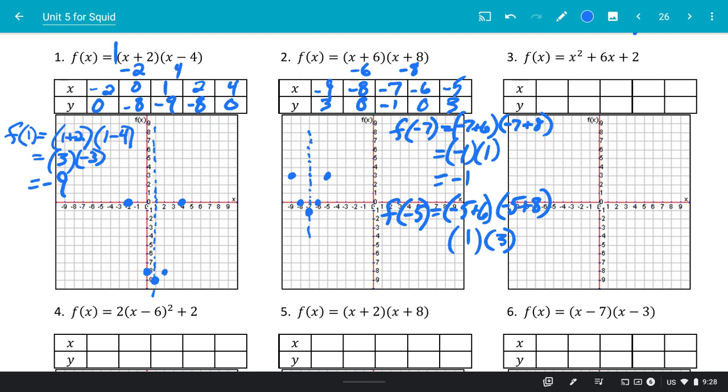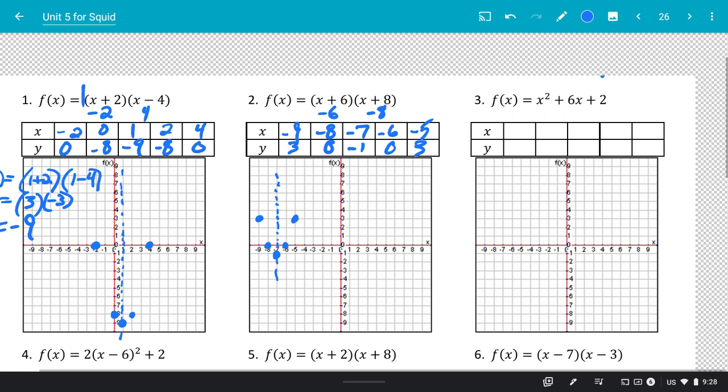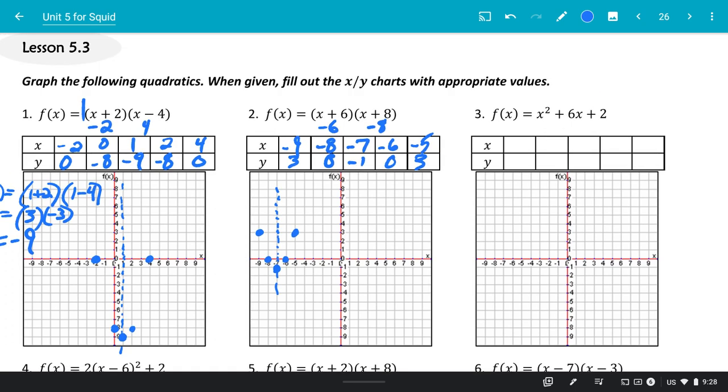Let's look at number 3. What form is number 3 in? And everybody said standard form. Not only is it in standard form, but it has junk in the trunk. So before I even begin, I got to go negative 6 over 2 times a, which in this case is 1.